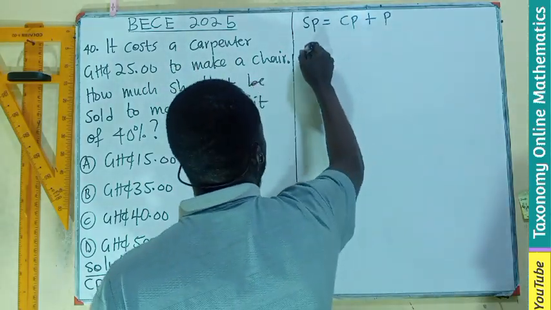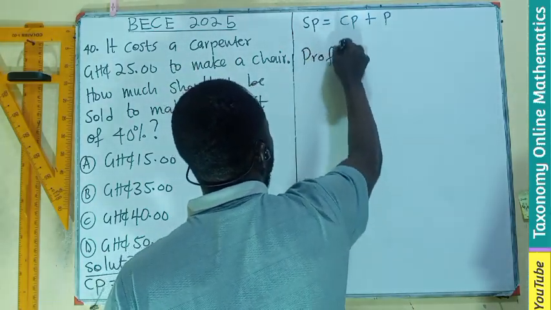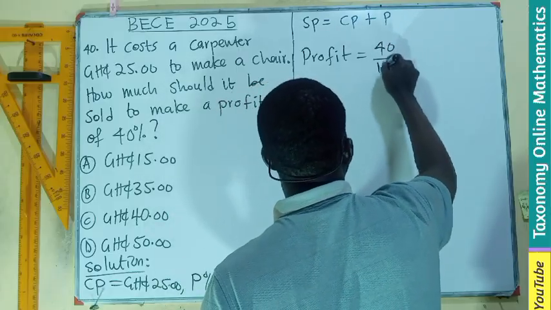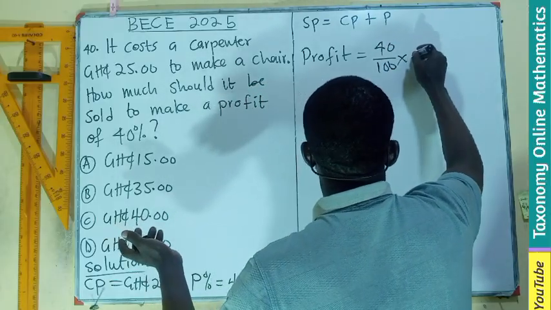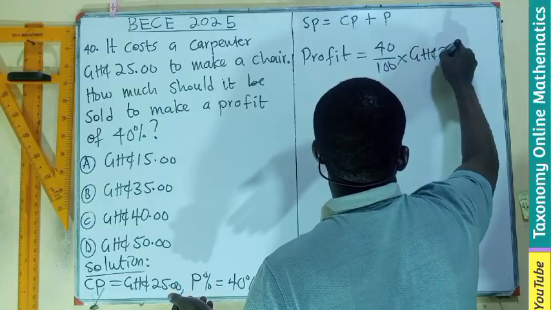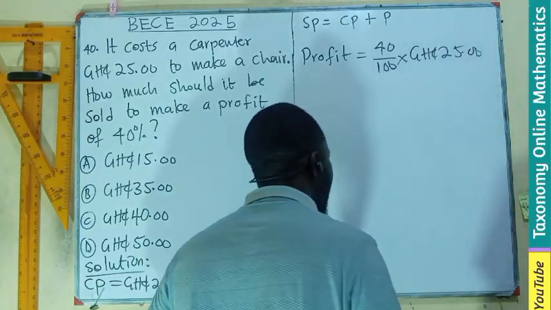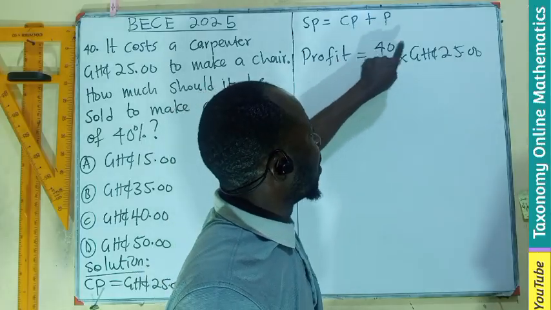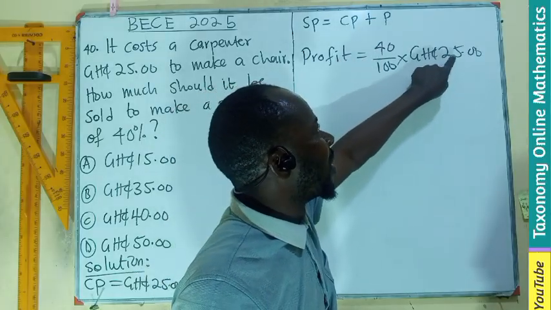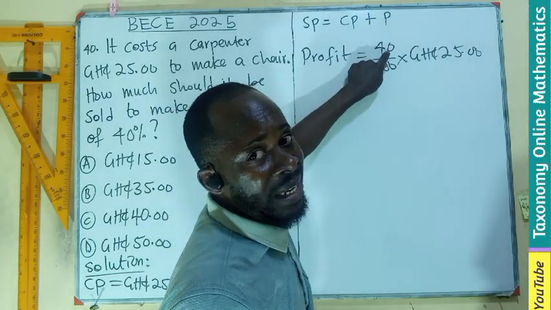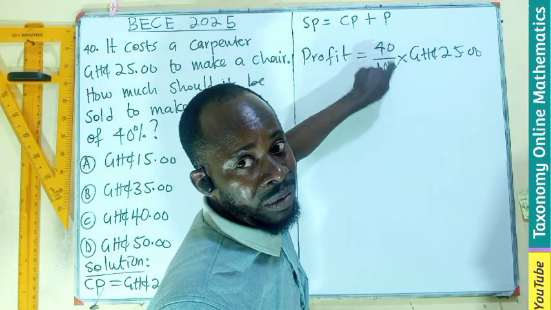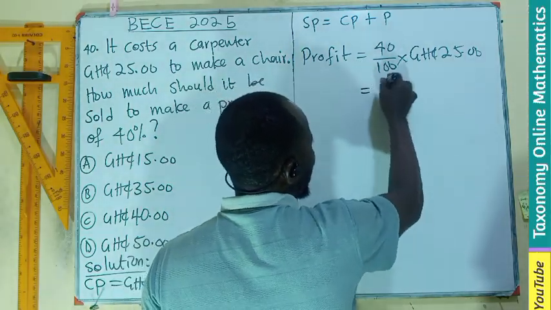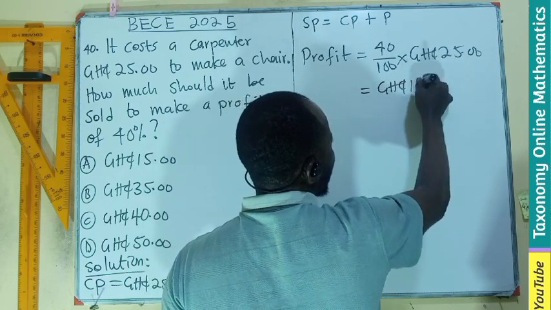So I can say that profit is equal to 40% of the cost price, which is 25 Ghana cedis. If you cancel, 4 multiplied by 100 times 10 gives 1,000, divided by 100 will give you only 10 Ghana cedis.